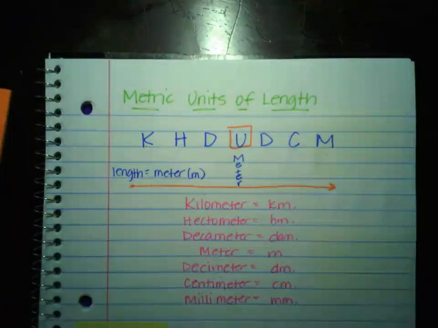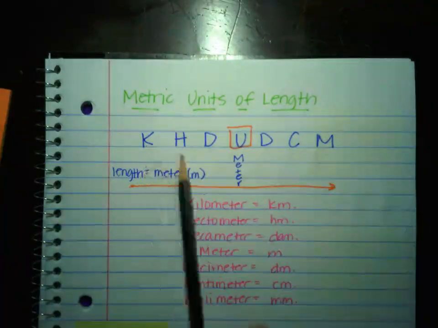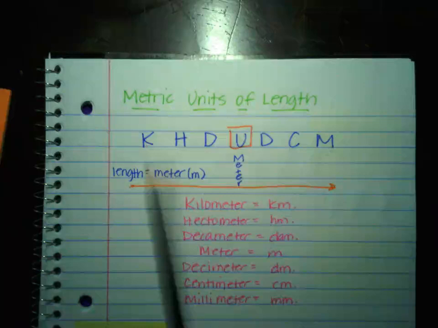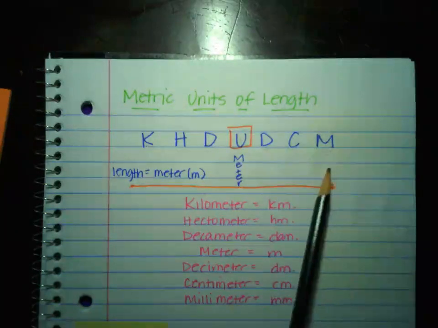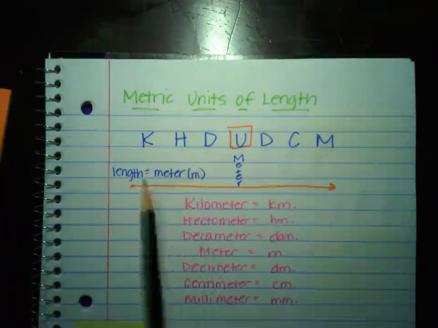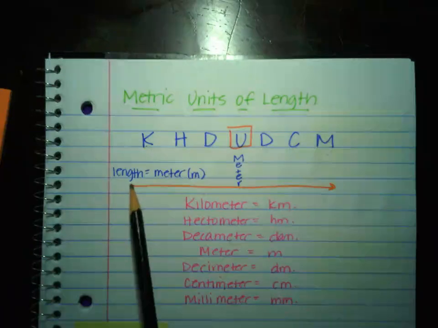If you remember from the previous video, I demonstrated that this acronym, King Henry doesn't usually drink chocolate milk, gives the units of measurement for the metric system. When you start at the beginning of the acronym, that is the largest unit.